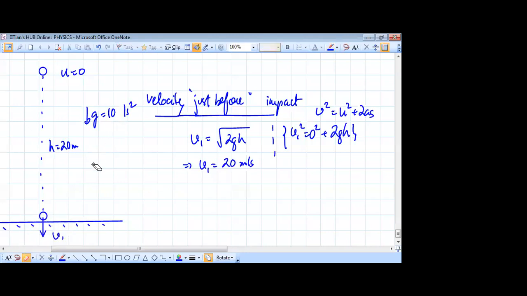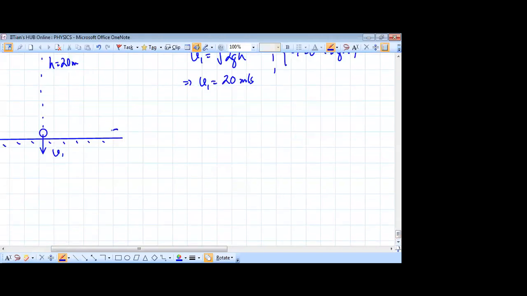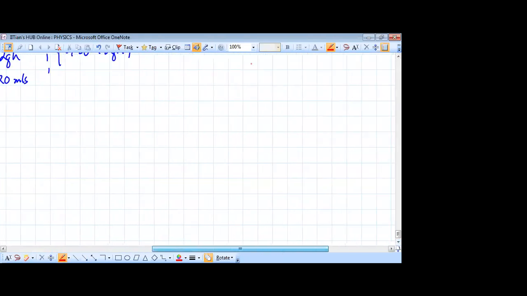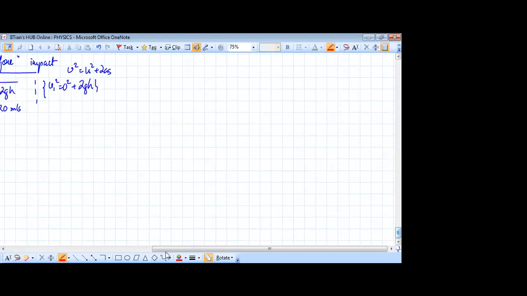Now we also need to find out the velocity just after impact. Once the ball is hitting the floor, during that impact it will experience an upward impulse, J equal to F delta T. As a result of that upward impulse, its velocity is changing to some V2, let's say, in the upward direction.